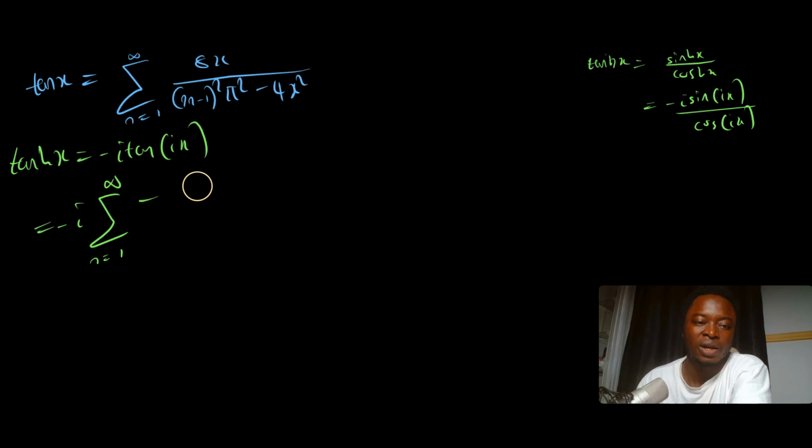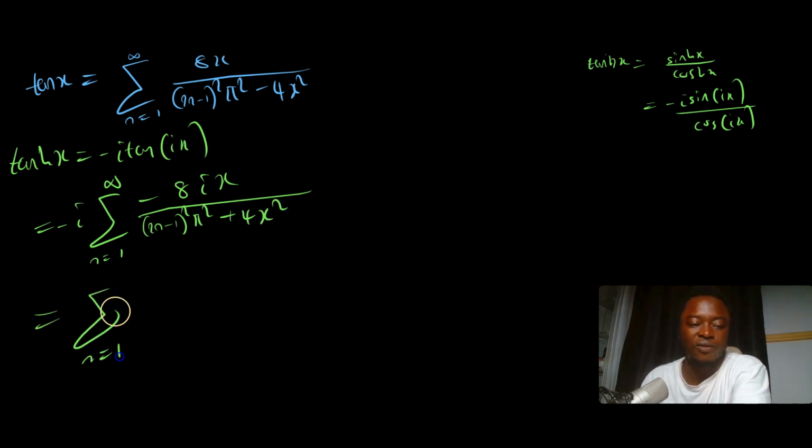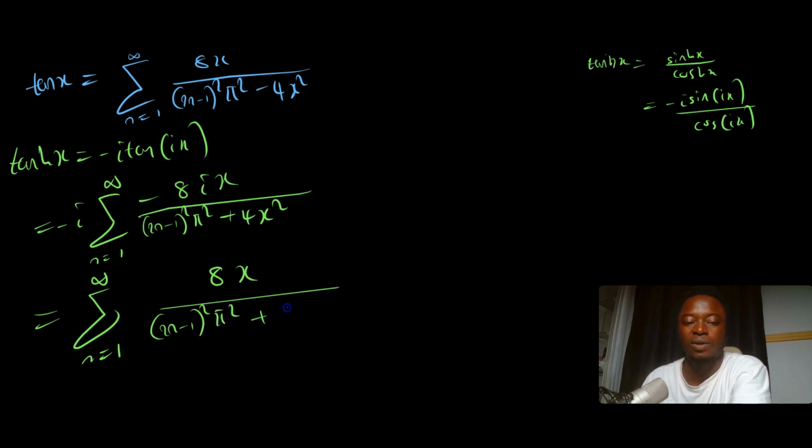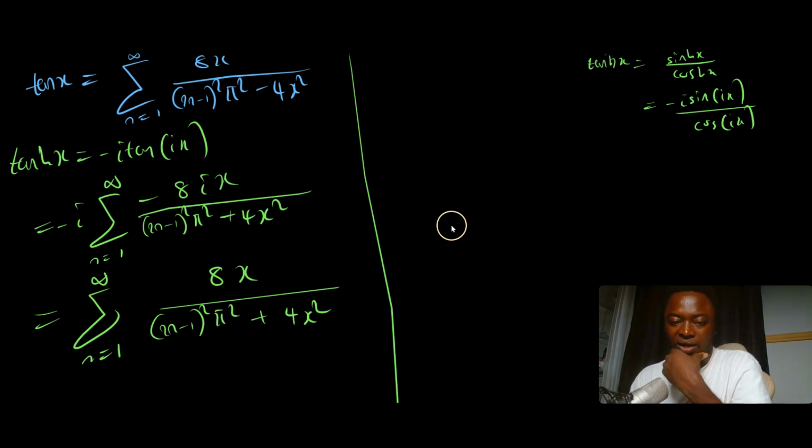So you have a negative 8ix all divided by (2n minus 1) squared pi squared, then you have a plus 4x squared. So that would be the sum as n runs from 1 to infinity of 8x all divided by (2n minus 1) squared pi squared plus 4x squared. Yeah, so I think that one is in the back.